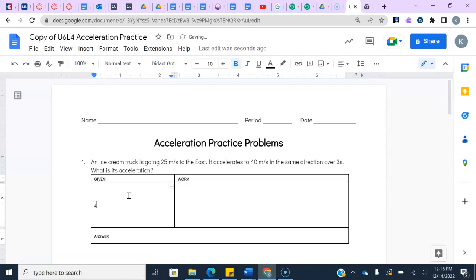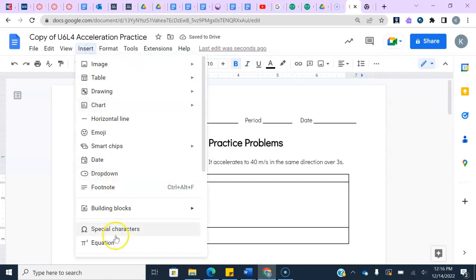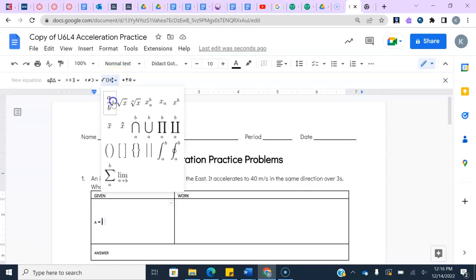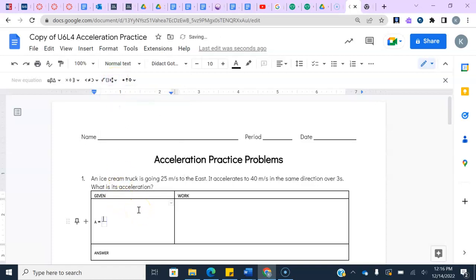So A, which is your acceleration, is equal to, and I'm going to go to Insert Equation, and I'm going to go to my math operations and click my fraction, because we're going to do a fraction here because that is going to be our formula.